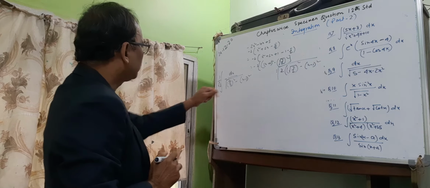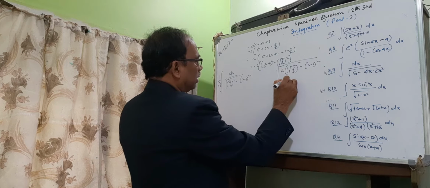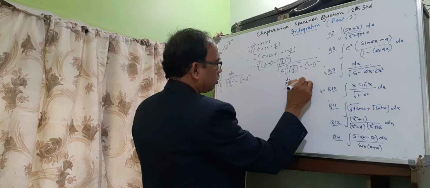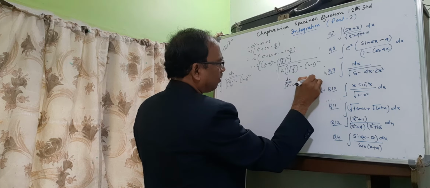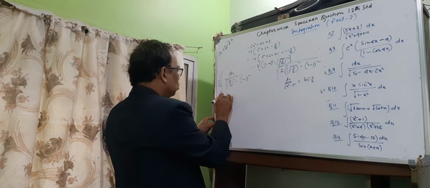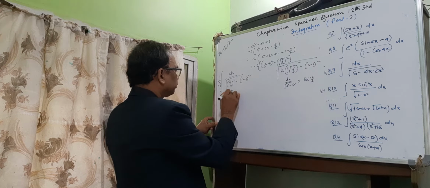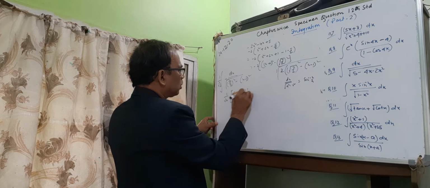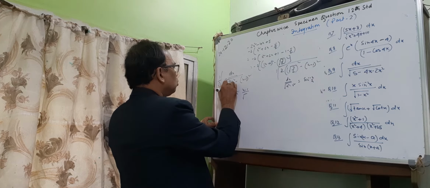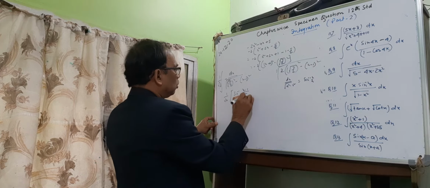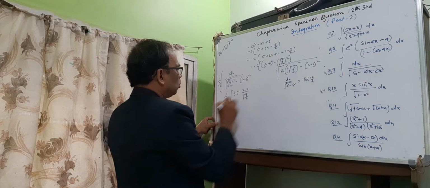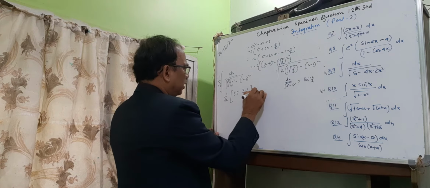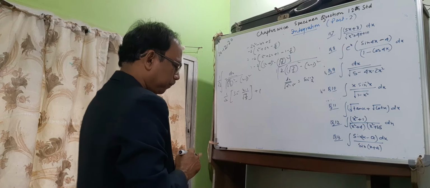Now this is the a square minus x square formula: dx by root over of a square minus x square equals sine inverse x by a. That is 1 by root 2 sine inverse (x minus 1) by root over of 7 by 2, that is x by a, sine inverse x by a plus c.